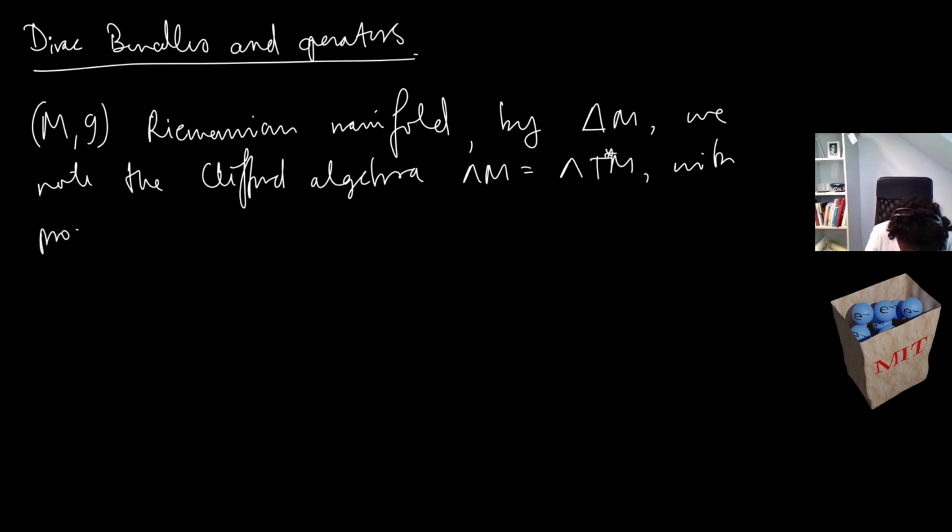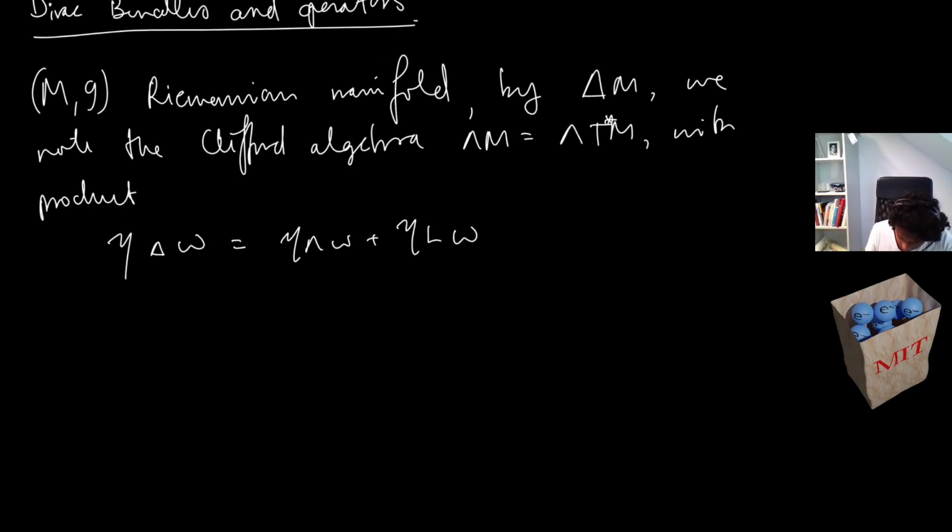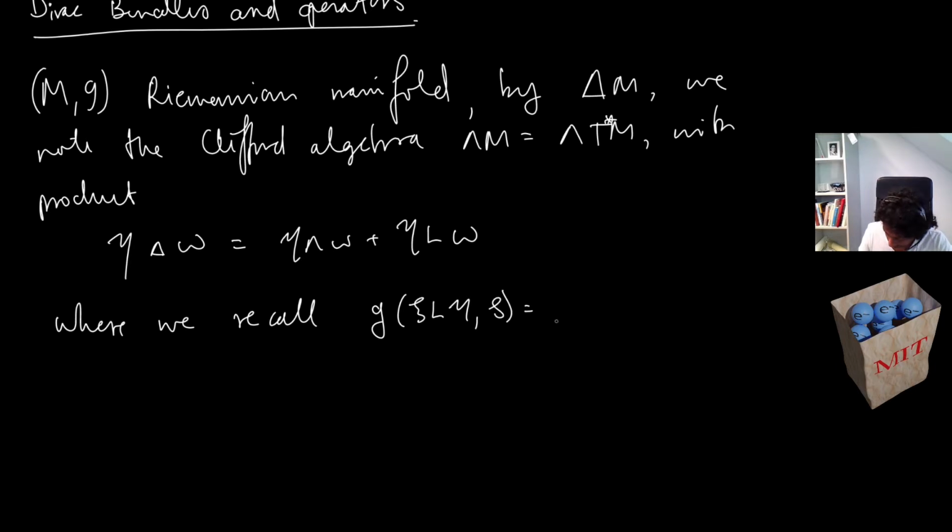With product, η times ω is equal to η wedge ω plus η cut ω, right? And remember, we recall this cut object is the adjoint.